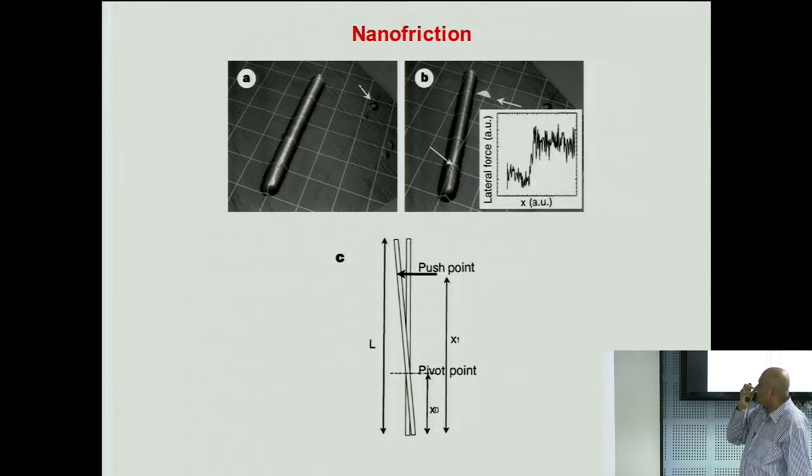The other very important property of carbon nanotube is what we call nano friction. If you take a nanotube and roll it, you would expect it to roll very smoothly like a cylinder, but it does not. The outside of the carbon nanotube is like a hexagon. So, when it rolls, up to a certain stage, if you put a force, nothing happens, then at a certain place it topples over and turns.